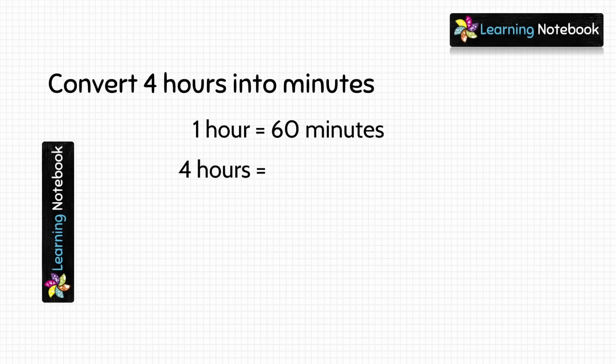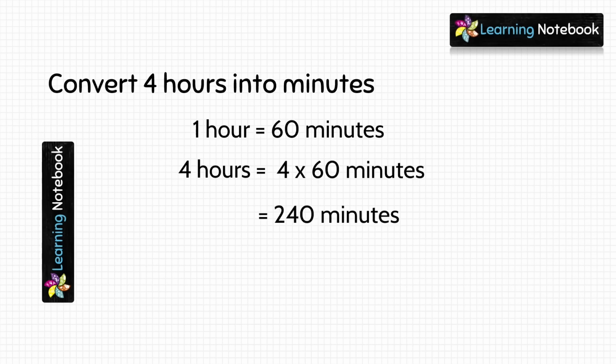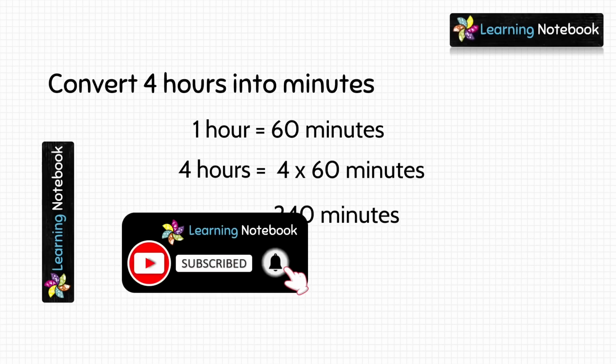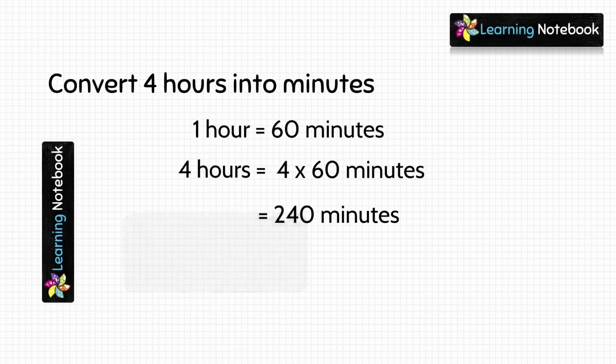So 4 hours equals 4 into 60 minutes. And 4 into 60 equals 240. So it means 4 hours equals 240 minutes. So this is how we can convert hours into minutes.